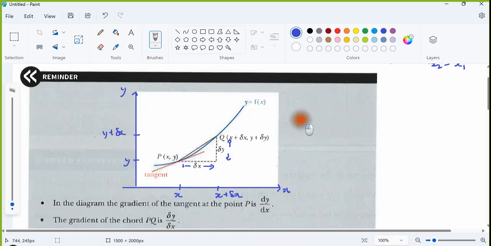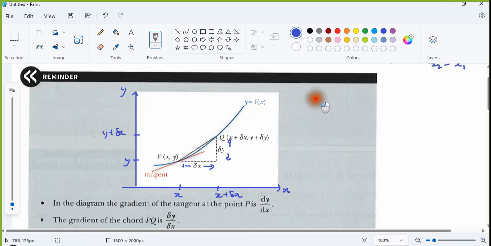Okay, so we know that del x is a small change of x, and del y is a small change of y. That means this Q is very close to P. When it is close enough, approximately zero, then it will become dy/dx.